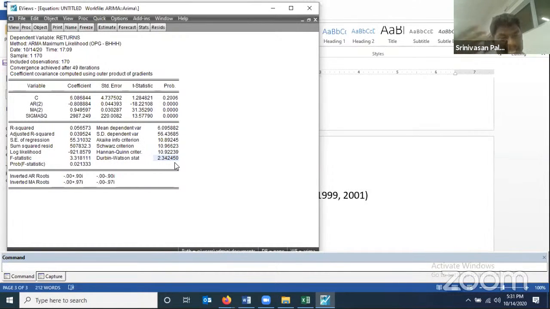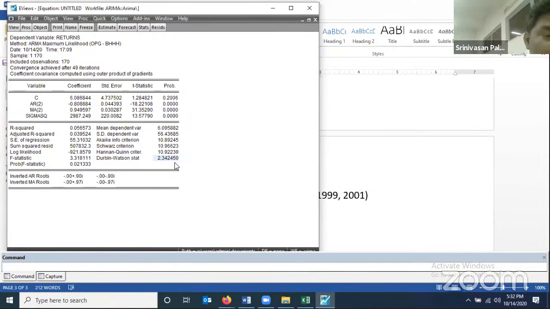What you have to do is repeat the exercise. If you go to the Gujarati book, a beautiful flow diagram is given for the ARIMA process. If you find the residual of the estimated model is not white noise, that means it has a problem of autocorrelation, so come back from the first step.